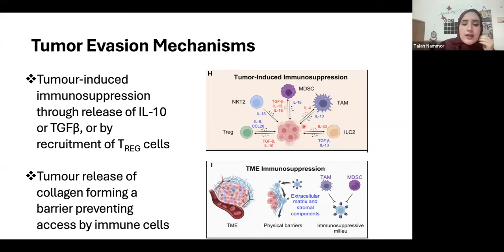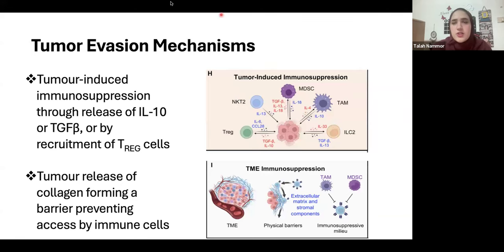Another thing is tumor release of collagen forming a barrier. This is extremely interesting. It's crazy. The tumor cells protect themselves. And how do they protect themselves?